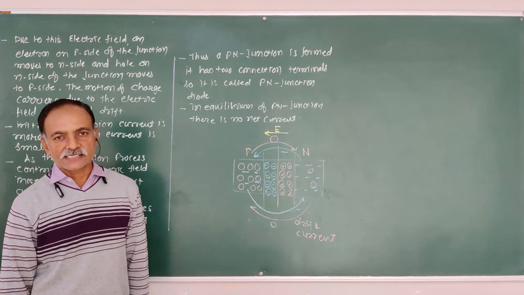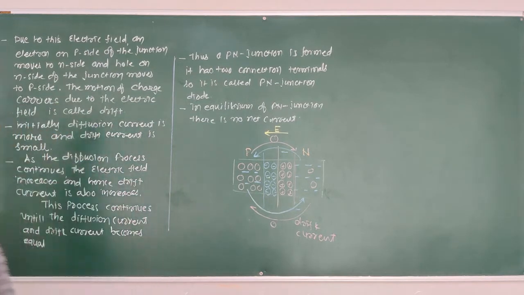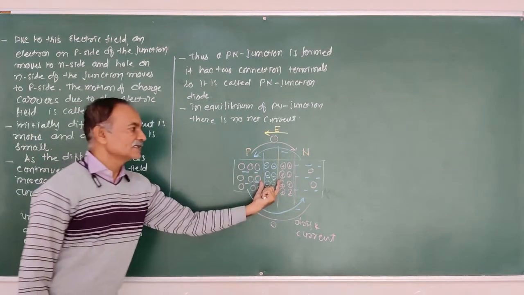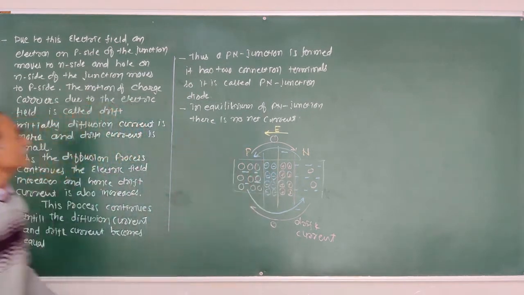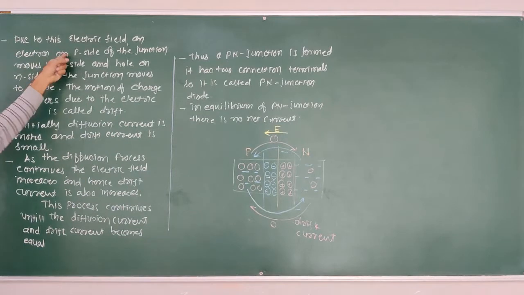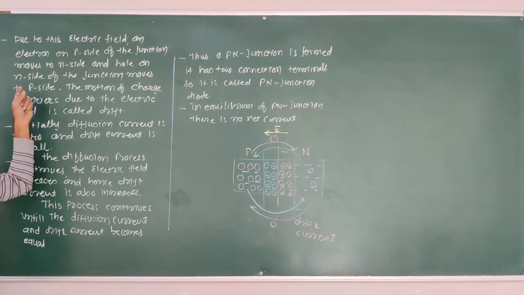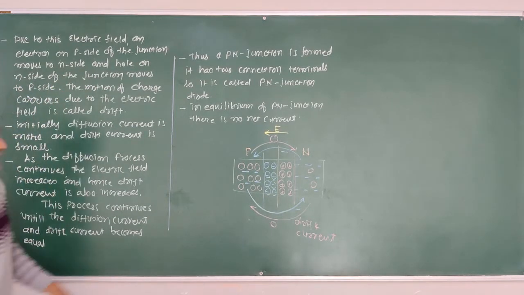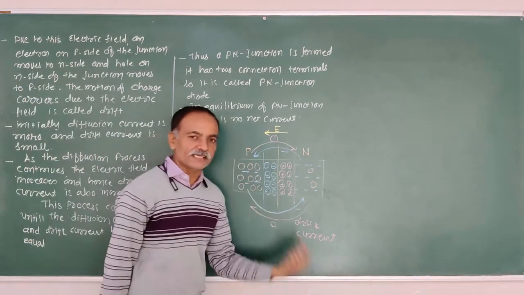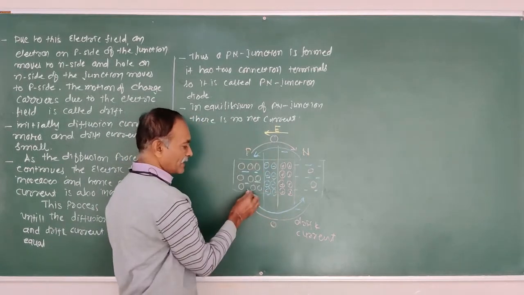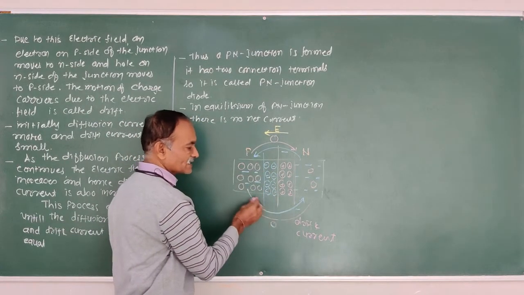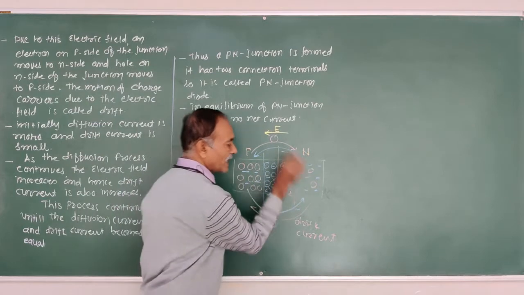Clear this? Okay. Now we discuss like this. Due to this electric field in the direction from N to P, what happens? The electrons on the P side of the junction move to the N side, and holes on the N side of the junction move to the P side. Electrons are minority charge carriers in the P region. Due to this electric field, these minority charge carriers move from P to N region.